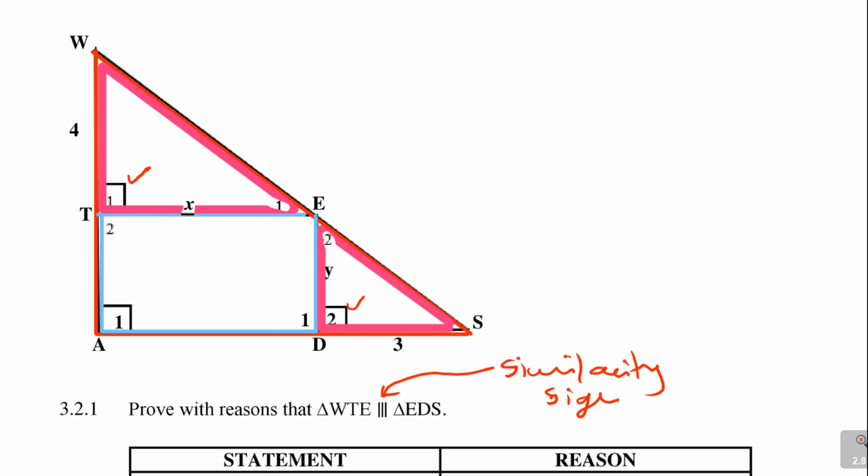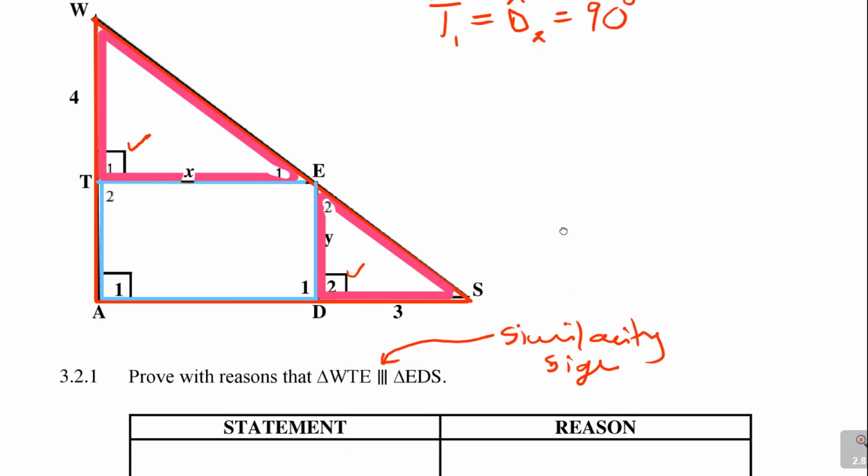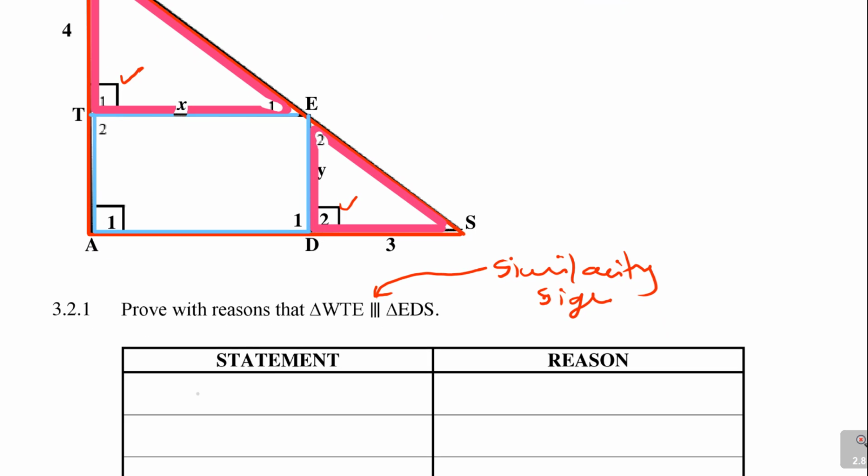You see? So we can say angle T1 is equal to angle D2, which is equal to 90 degrees. Okay, let me put it in the statement here. Angle T1 is equal to angle D2, which is equal to 90 degrees.